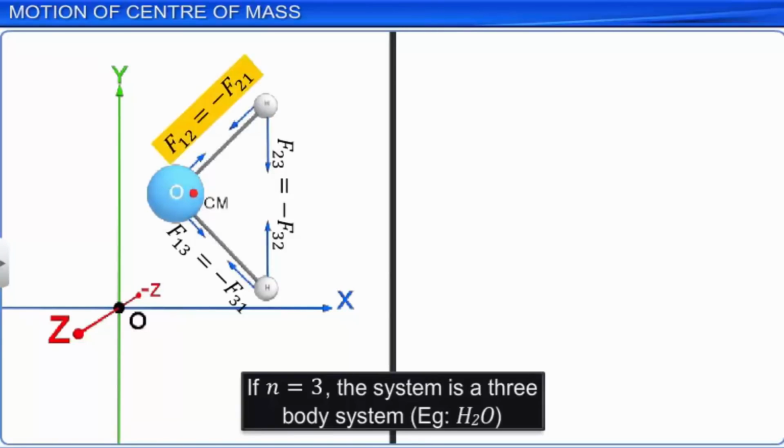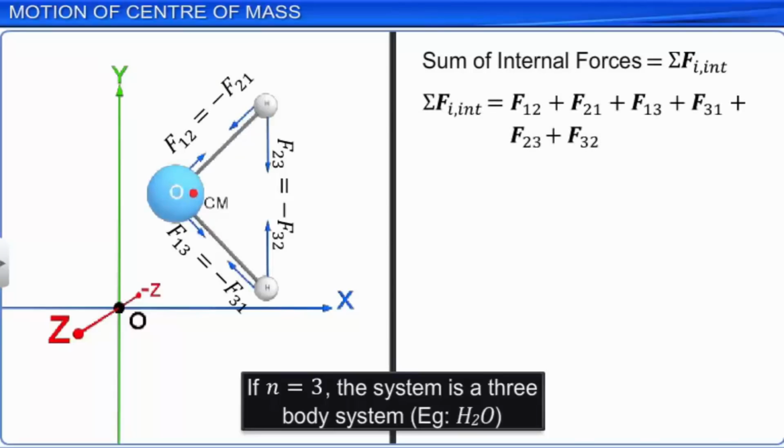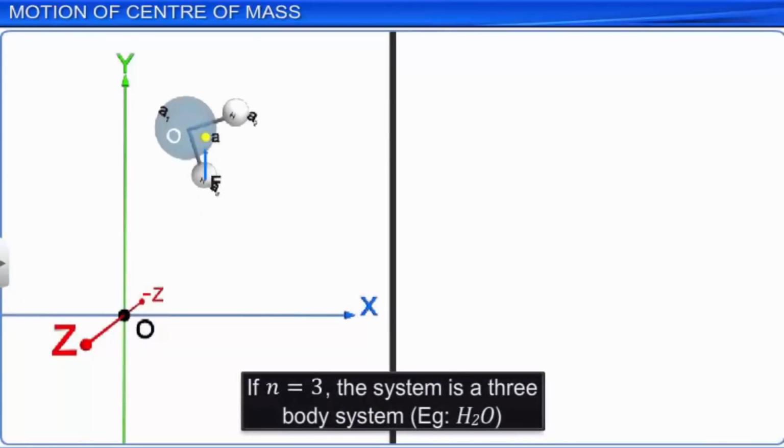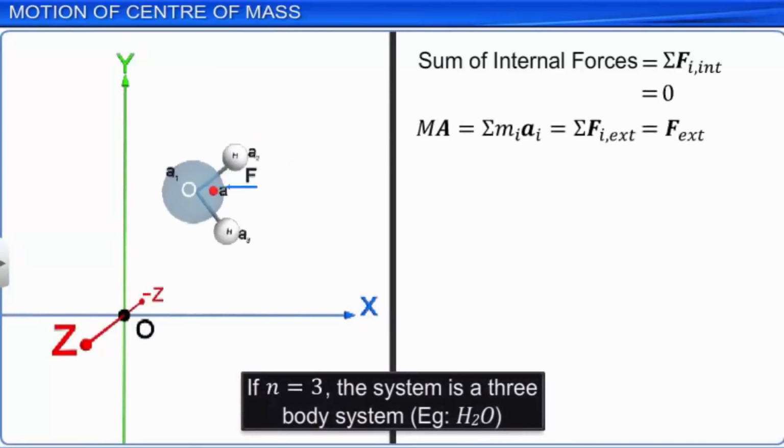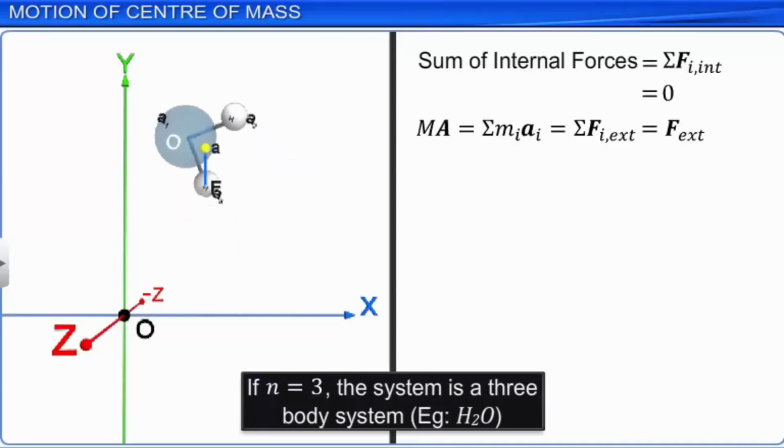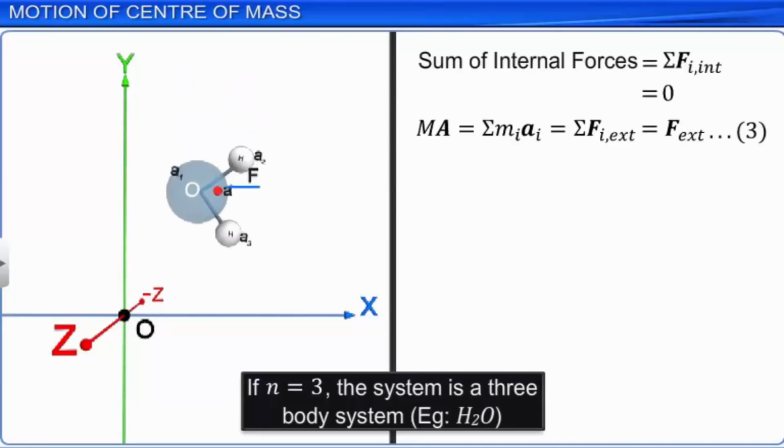The vector addition of all these internal forces acting on all particles adds to 0. Sigma Fi internal is equal to 0. Hence, MA is equal to sigma Mi Ai, which is equal to sigma Fi external and is also equal to F external. Let this be equation 3. So, the acceleration of the center of mass A is equal to F external by m.